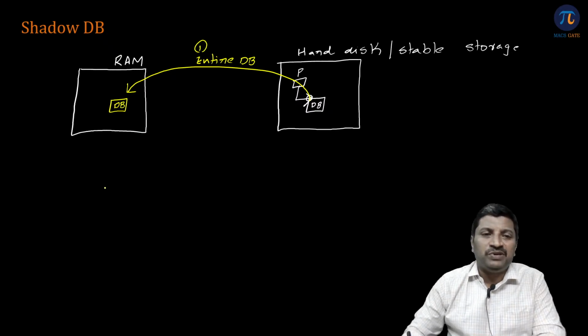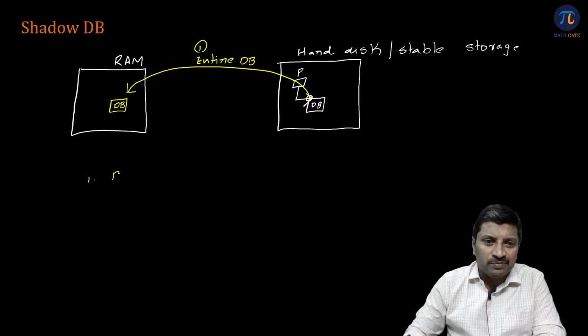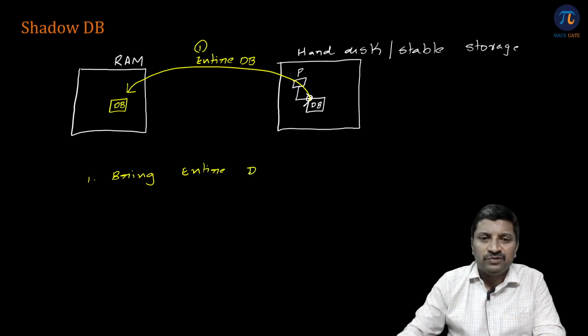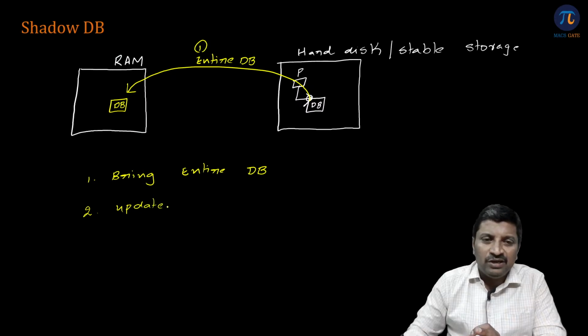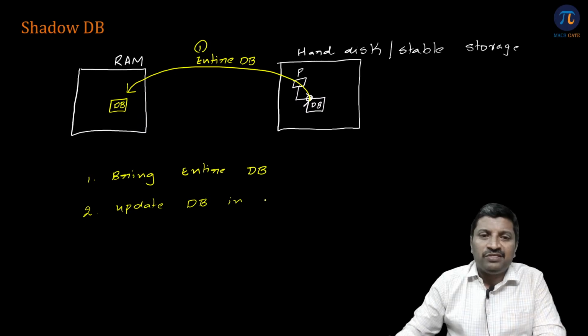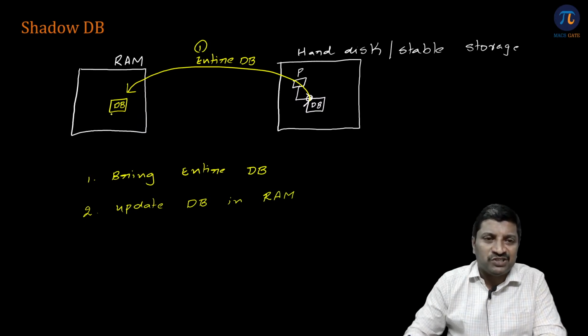The second step is we update the database in RAM, not in the hard disk, because the updations can be done in RAM only. That is our second step.